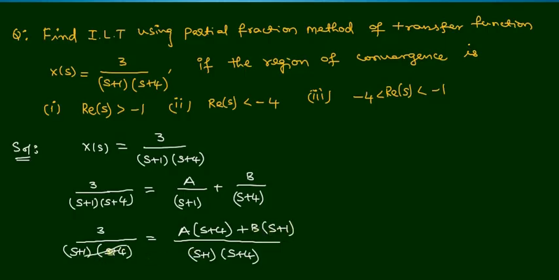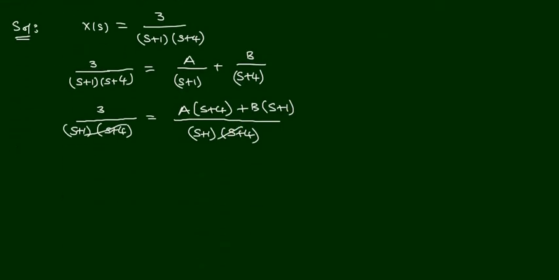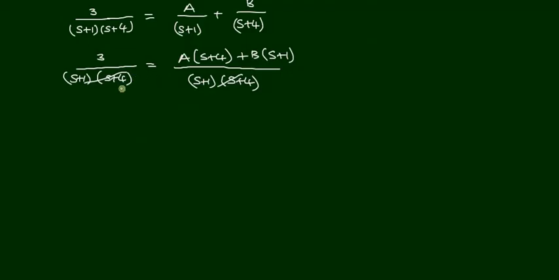Now the denominators on both sides get cancelled, and the numerator is 3 equals A into (s plus 4) plus B into (s plus 1). So this is the expression, and from this we try to find A and B.